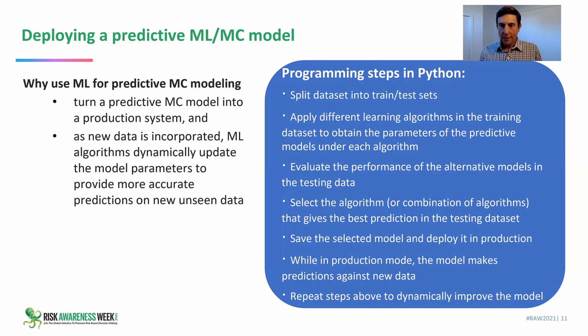It will recalculate the model again using the new data, and it will calibrate the model, either the same model with the same parameters, the same model with different parameters, or it may decide to change the model altogether, and it's repeating itself. So that's how I could see the future of simulation, leveraging machine learning and predictive techniques.